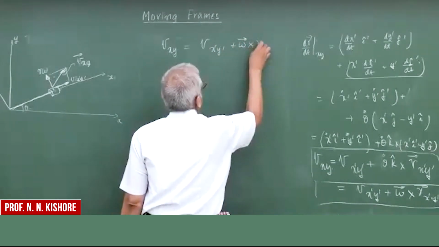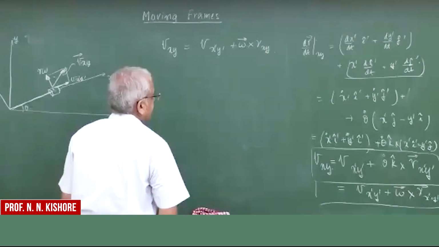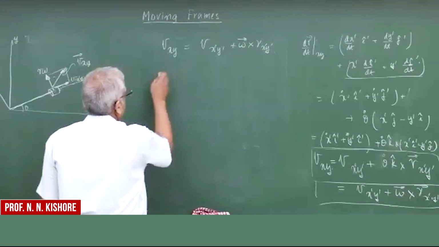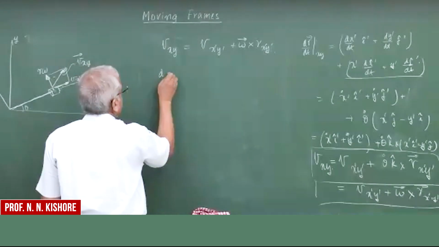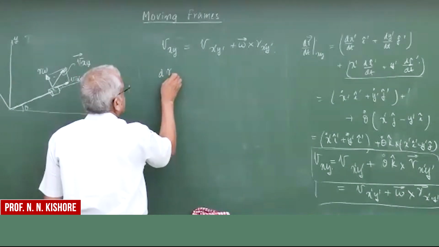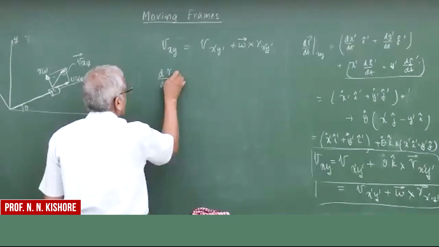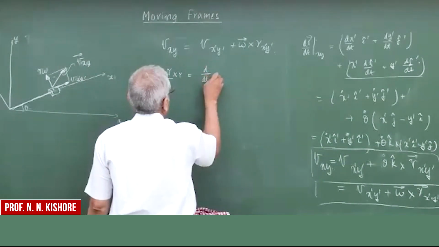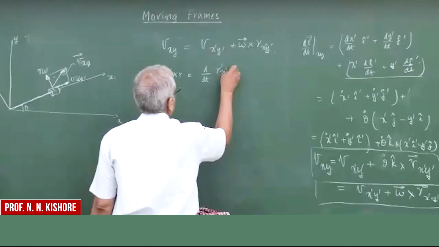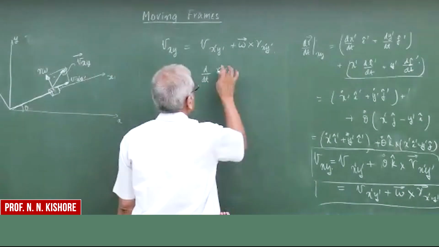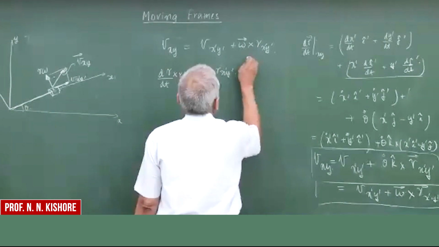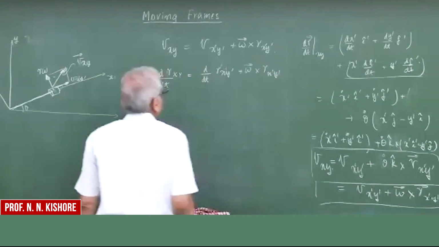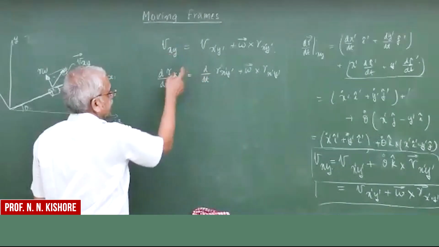We can even write it one step before, which is dr by dt measured in the fixed frame, equal to dr prime by dt as seen in x prime y prime plus the rotational term. This is the final result, and this is one step below that.